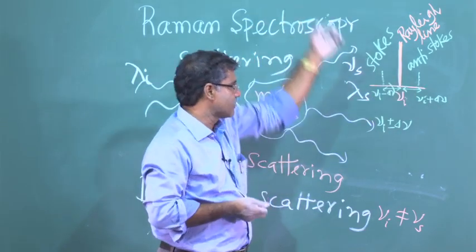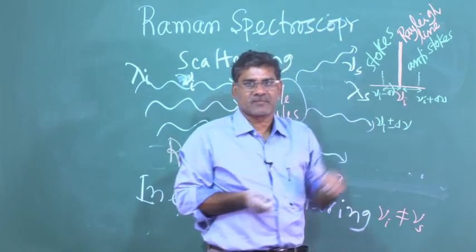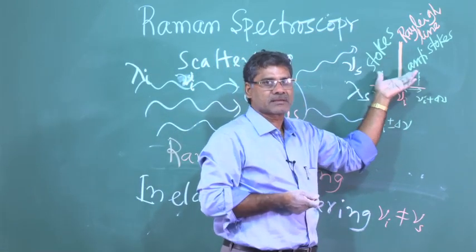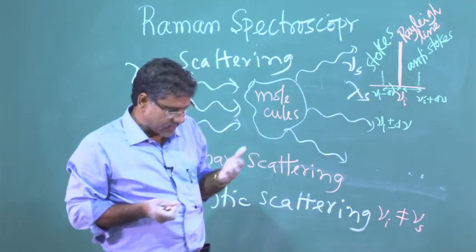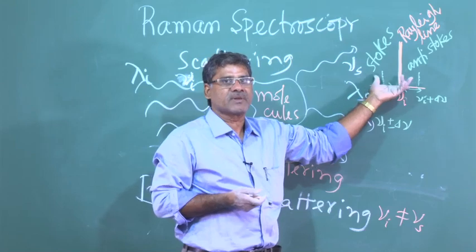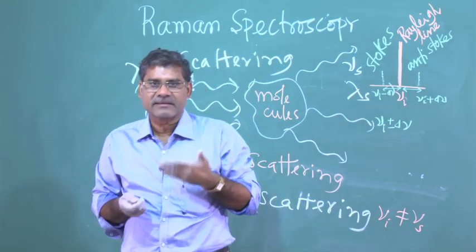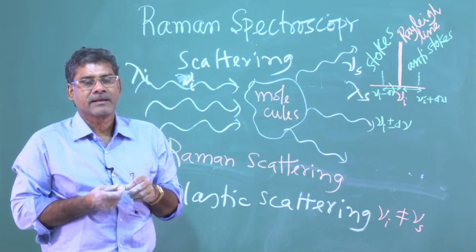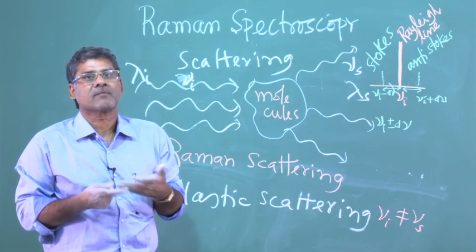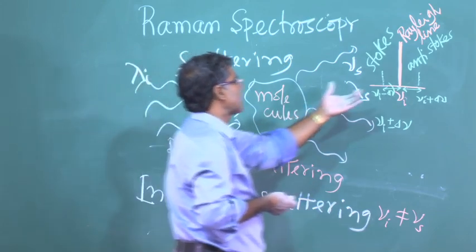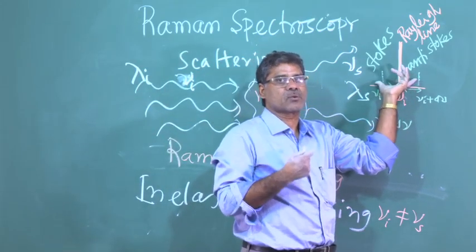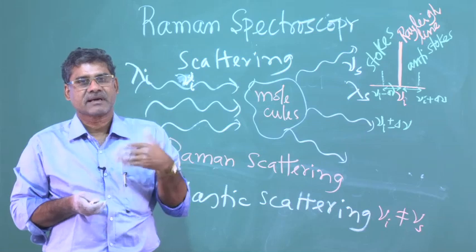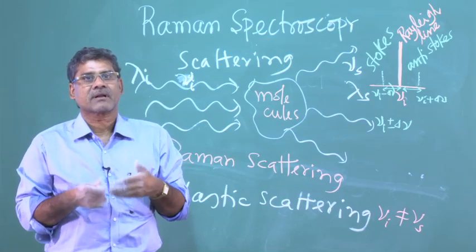And he explained where these two extra lines, the Stokes and anti-Stokes lines, are coming from. He experimentally observed them and explained their origin: they come from the molecules, and the origin of the Stokes and anti-Stokes lines is due to the vibration and rotation of the molecules.